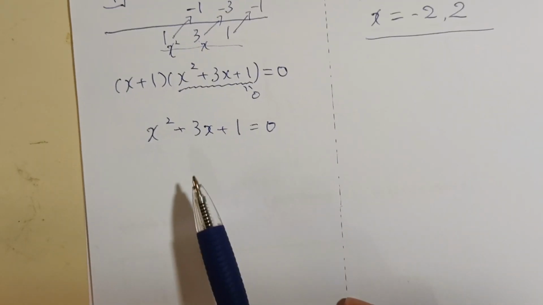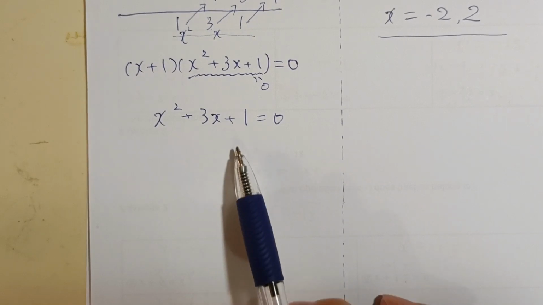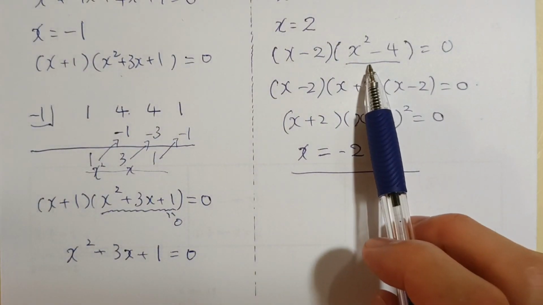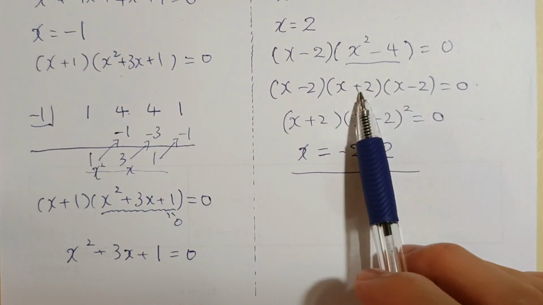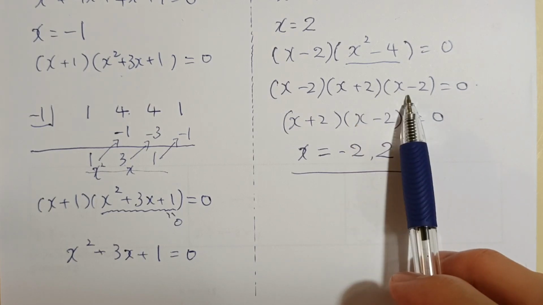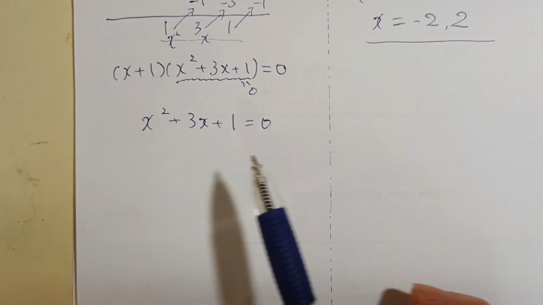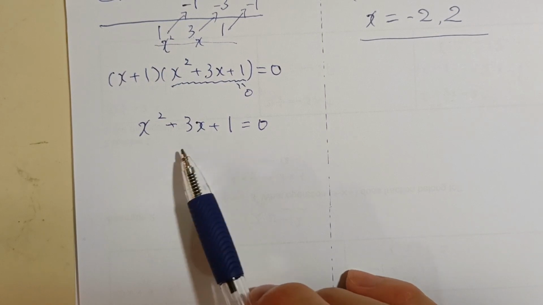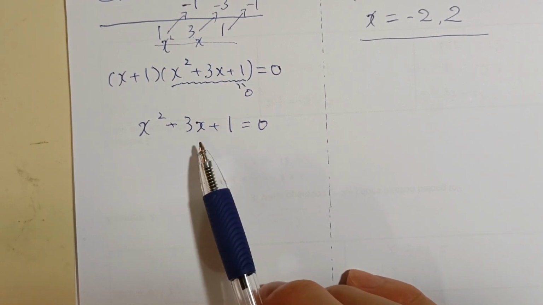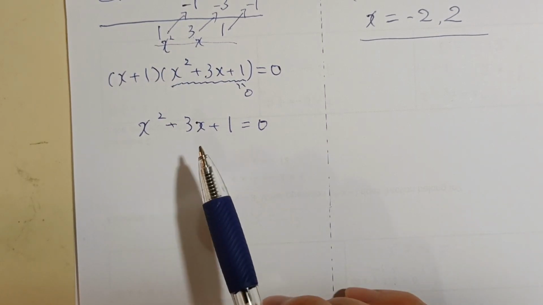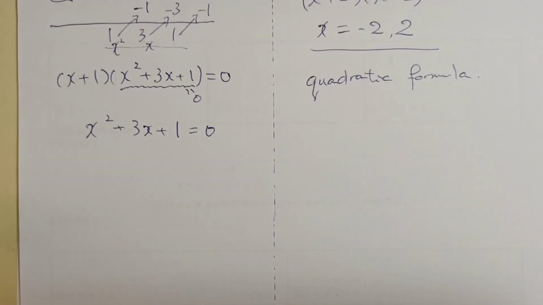But this one, you can't factorize. Usually we factorize this one into 2 brackets and then you can find the answer. But for this one, you can't actually factorize properly. In this case, we are using the quadratic formula.